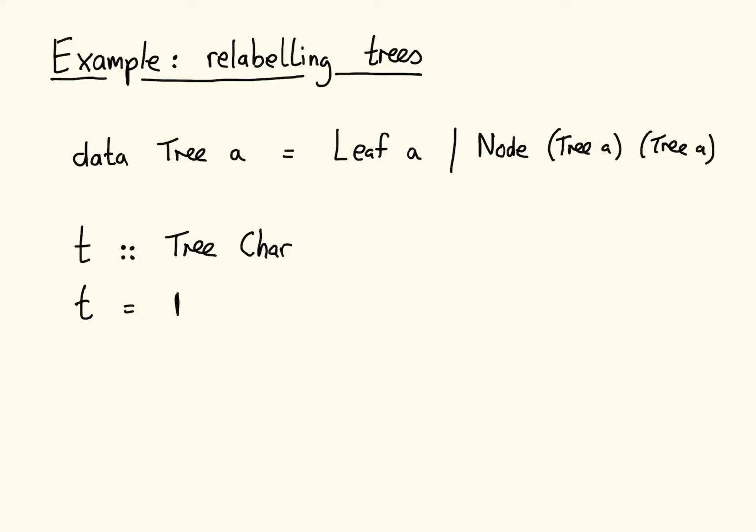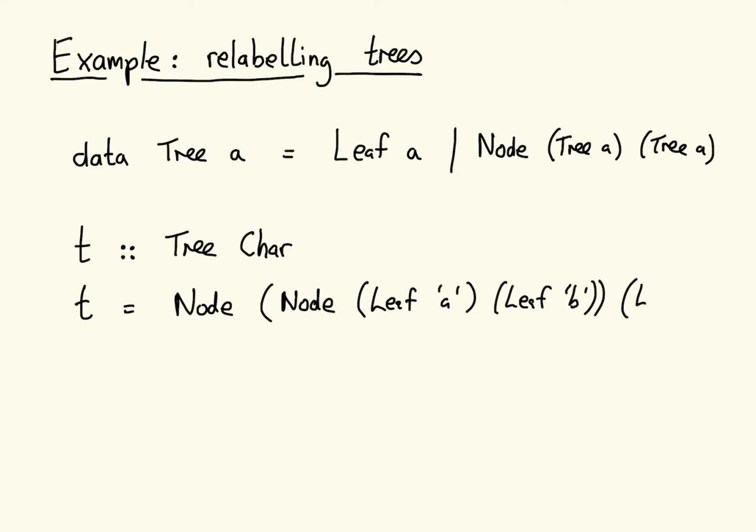So we're going to have a node at the top, and then a node to the left, and that's going to have two leaves, one which contains the A, and one which contains the B. So that's a left branch with A and B in it. Make sure I close my brackets correctly, and then we have another branch which has the character C. So this is a left branching binary tree which contains 3 characters A, B and C.